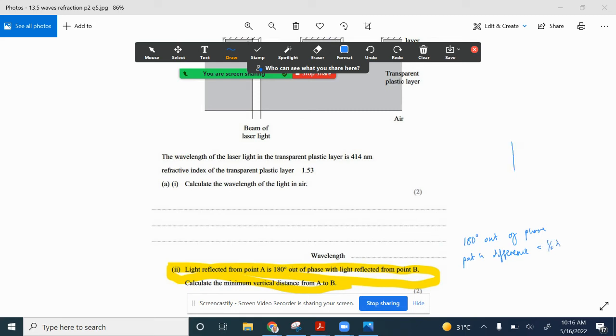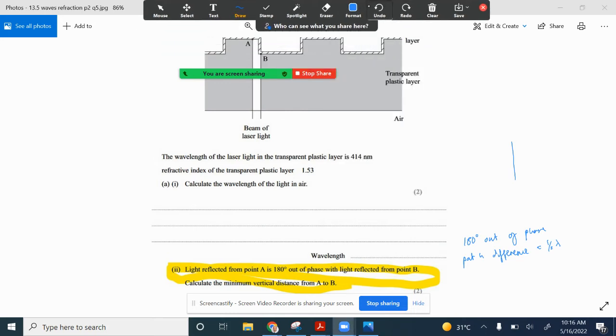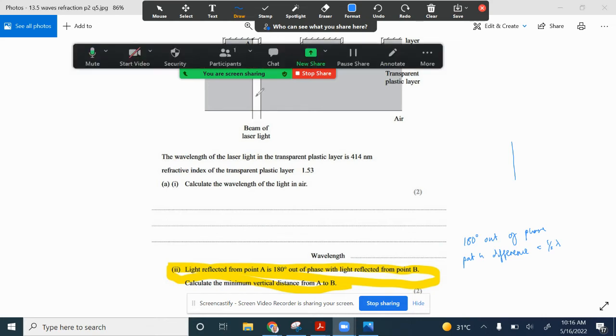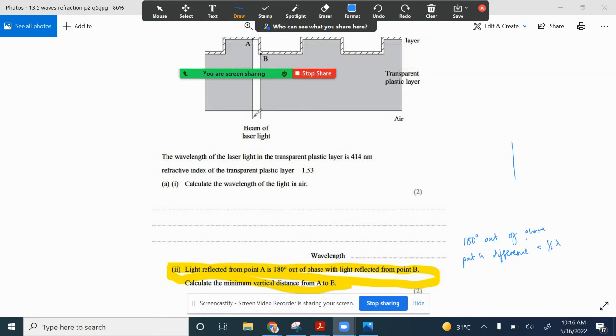So when the waves in A are 180 degrees out of phase with B, when they arrive back here, they are half a wavelength out of phase. So when they arrive back here, A will be out of phase with B by half a wavelength.